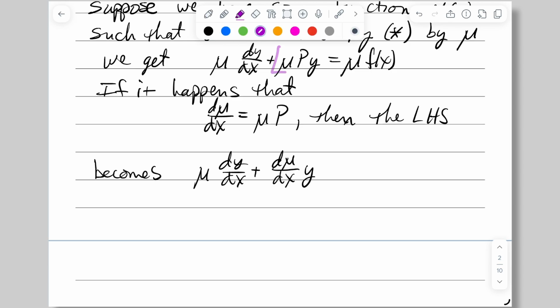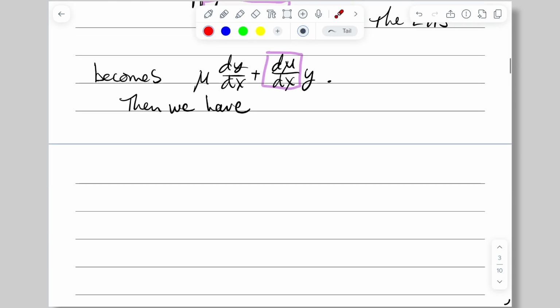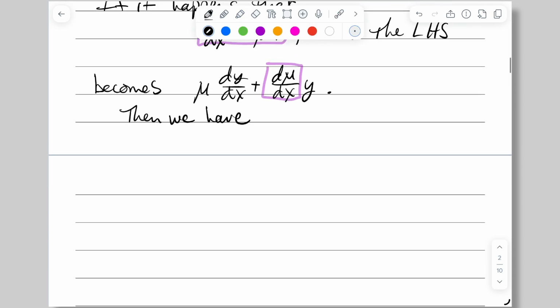And what we've just done is replaced mu times p using what we suppose would be d mu/dx. Then what we have on the left-hand side would be something like a mu prime y plus mu y prime, which is a derivative with respect to x, assuming mu and y are functions of x, of mu times y.